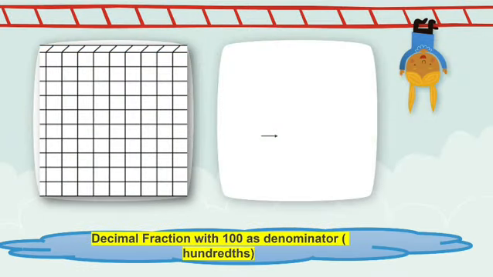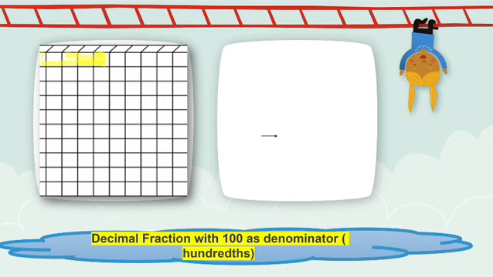Now let's see a decimal fraction with 100 as denominator, which is called hundredths. This figure is divided into 100 equal parts, and out of 100 equal parts, five parts are shaded.